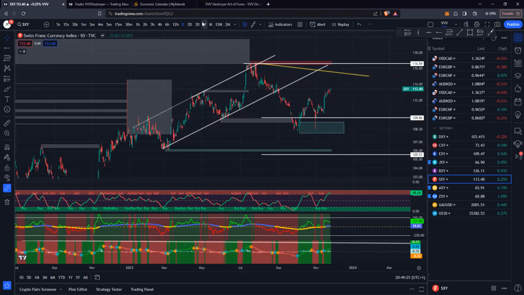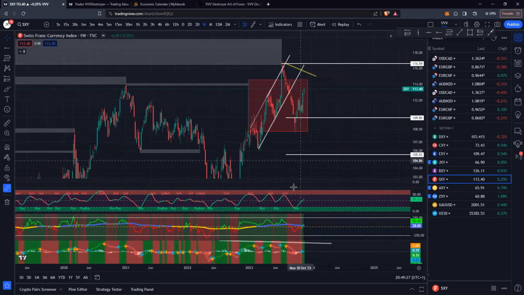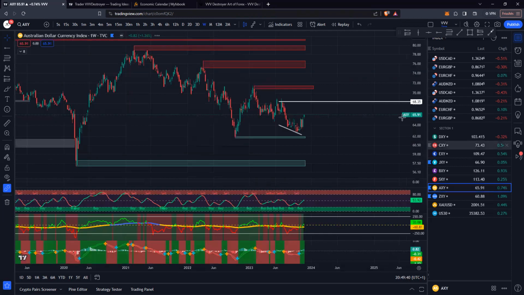So we are moving up even on weekly. This should continue to the upside. And when it forms, then we should react on it. Okay. The AXY here is target level on the previous point of the market. Everything is in green right now, close to the zero line.